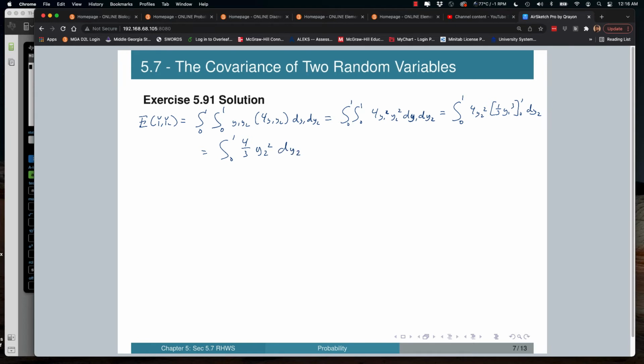So dy sub 2, and then we integrate this, and y sub 2 squared becomes y sub 2 cubed over 3, so this becomes 4/9 times y sub 2 cubed, evaluated from 0 to 1, so we find that this is 4/9.